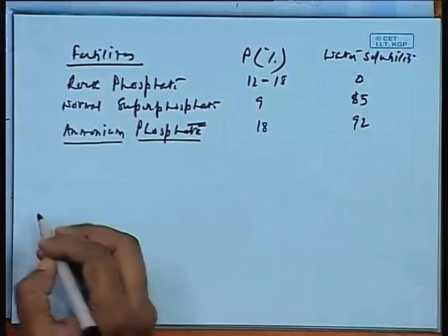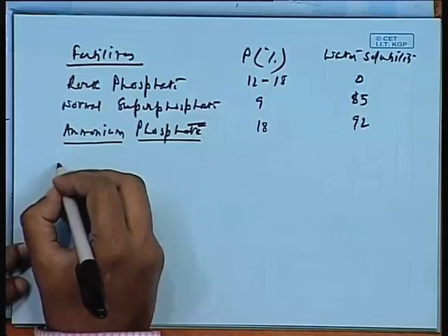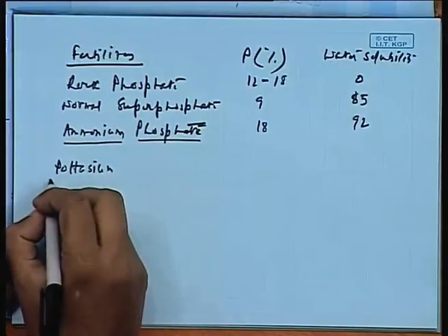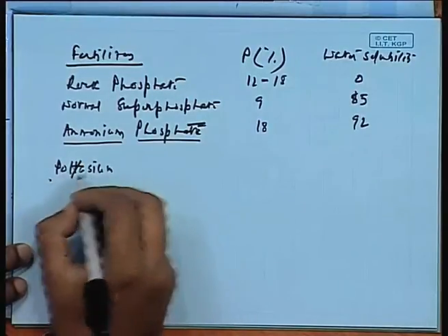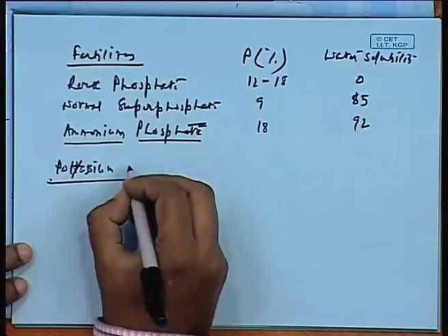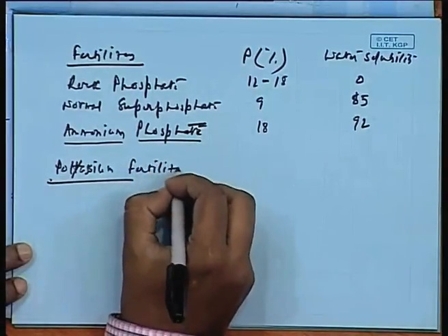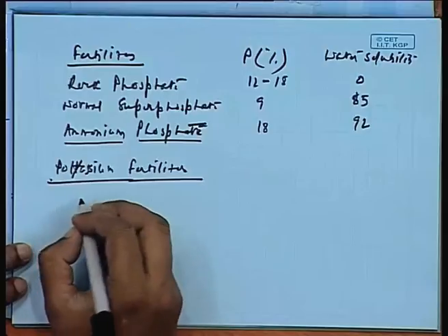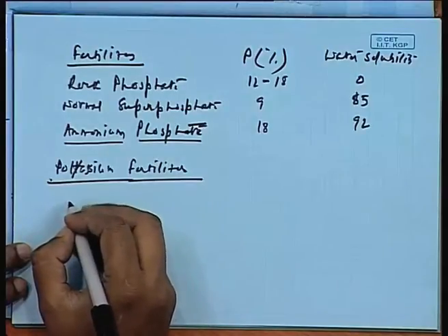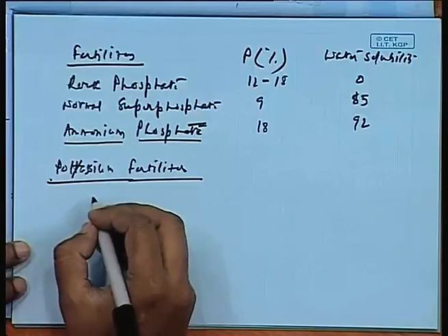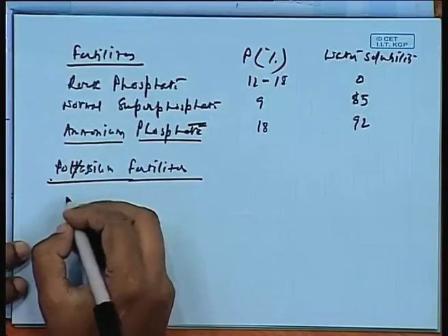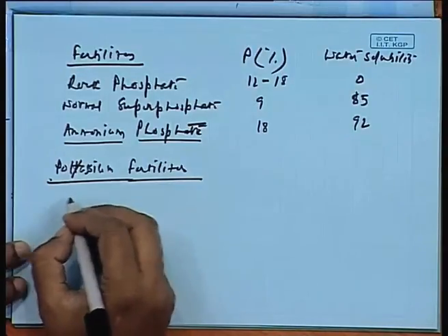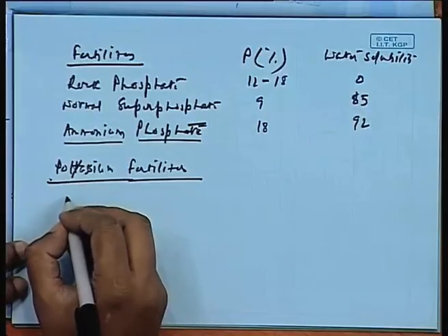Another is the potassium. Just a few lines on this. Potassium fertilizer. This is the third deficient nutrient.